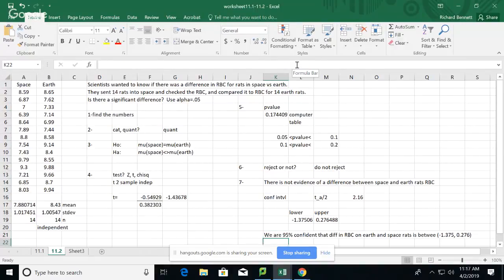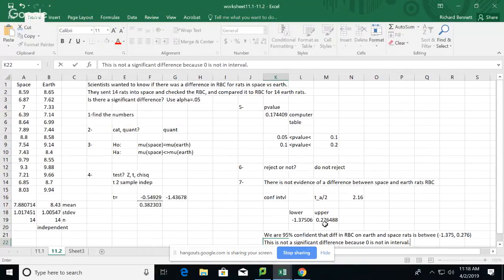Now, let me ask you a question. Is this a significant difference? This is not a significant difference because if we said they were the same, mu1 minus mu2 would be 0.